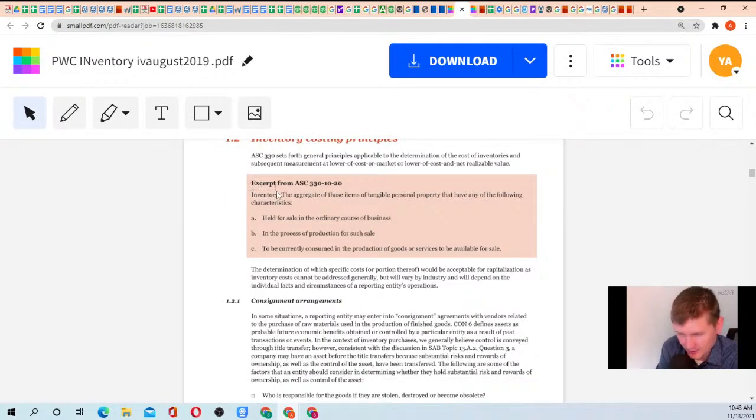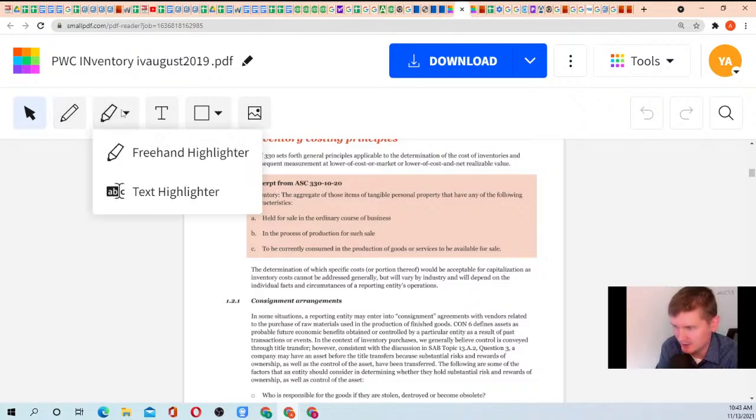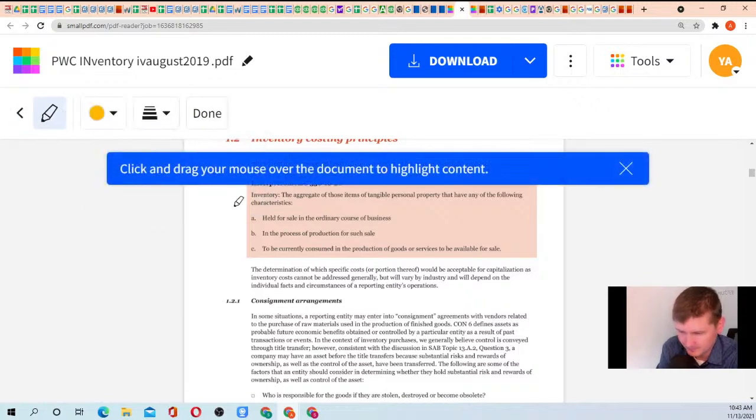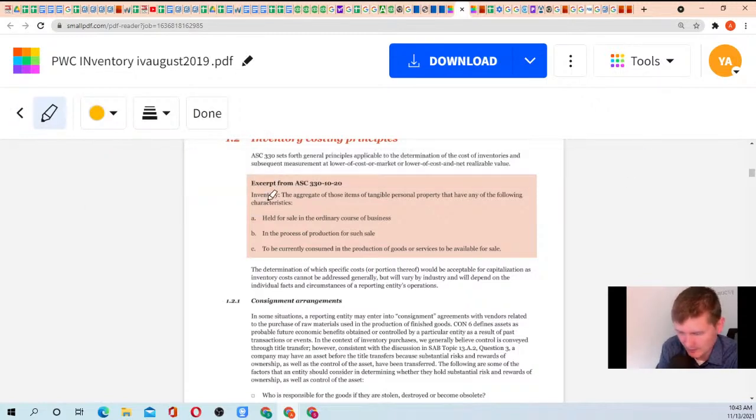Okay, inventory. So how does the accounting standard define inventory? The aggregate of those items of tangible personal property. So it's tangible personal property that has any of the following characteristics: held for sale in the ordinary course of business.